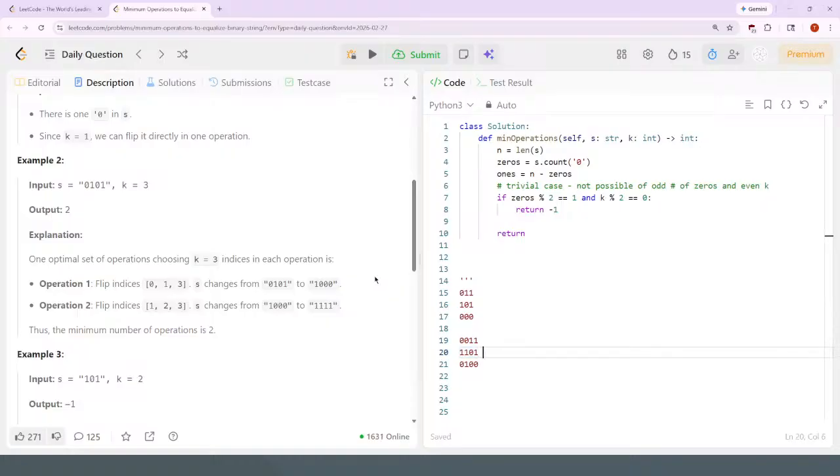So going from 2 zeros to 1 0, or 3 zeros. 3 zeros matches K.